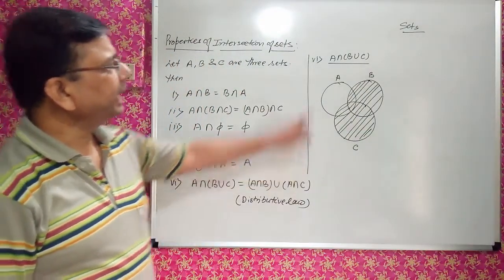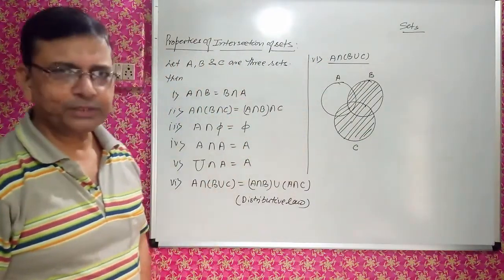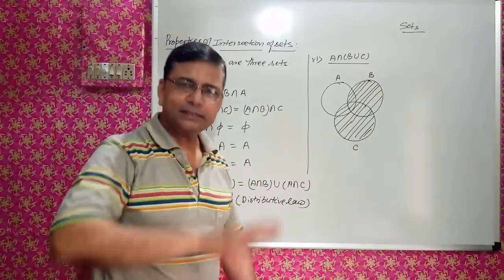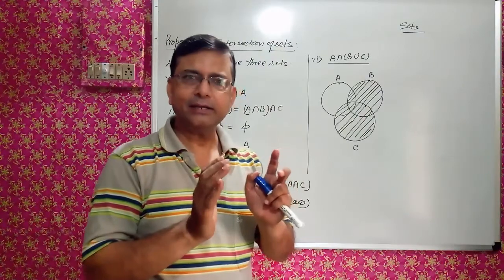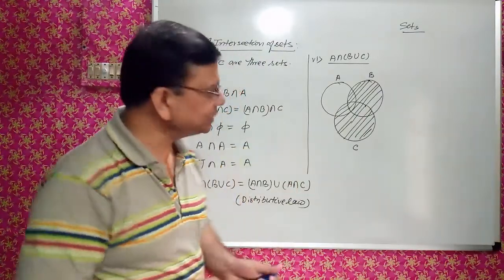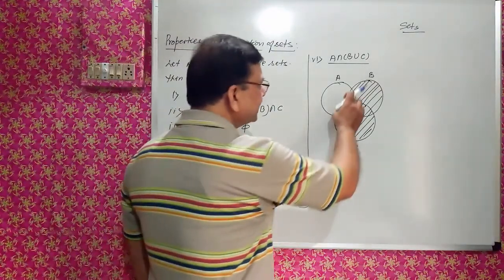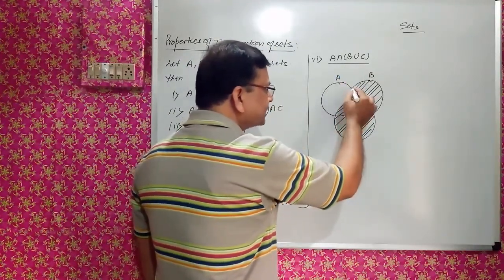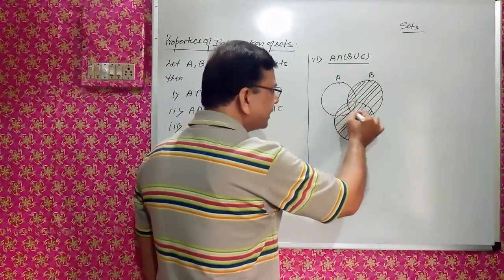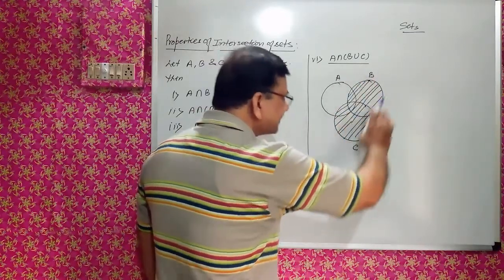And we have to find intersection with A. So intersection is the area which is common in two sets, right? That is the common area is called the intersection. So now new set is complete this, and with A, which area is common to C? This area is common in both A and this complete area.